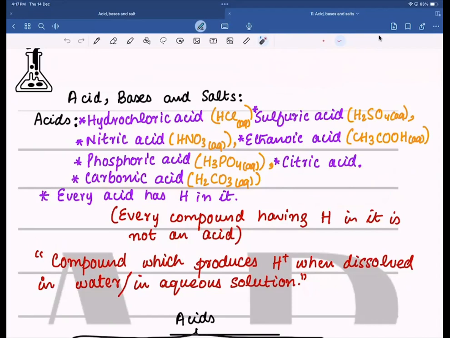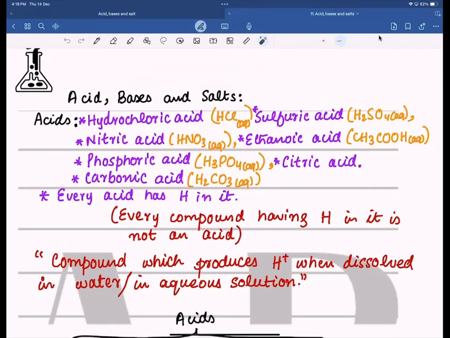Okay, note this down. Sir, ethanoic acid, is it a mineral acid?